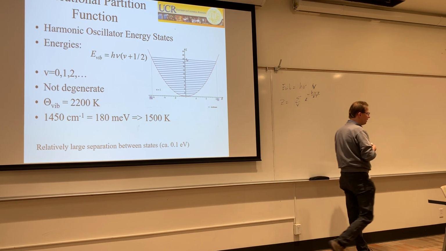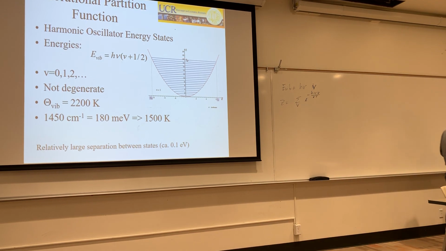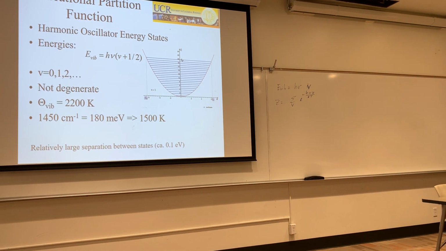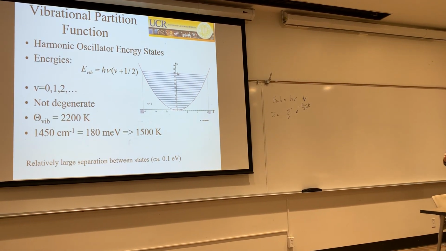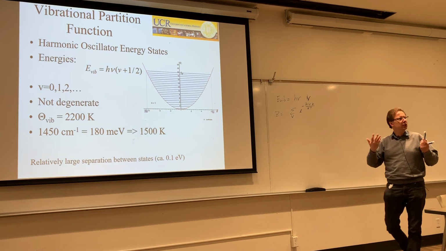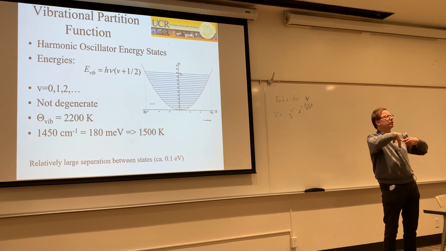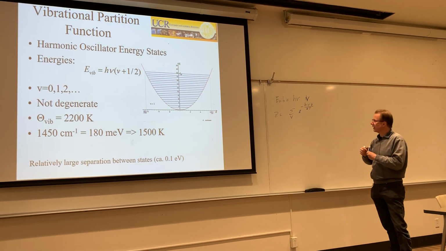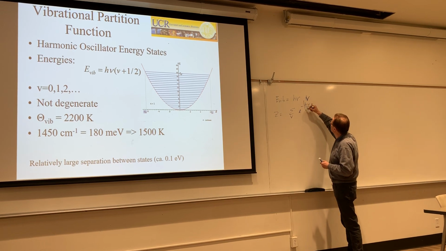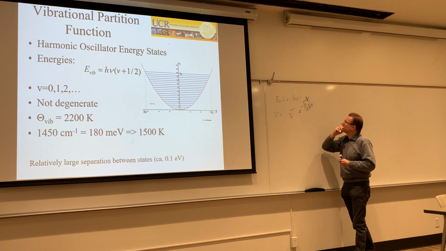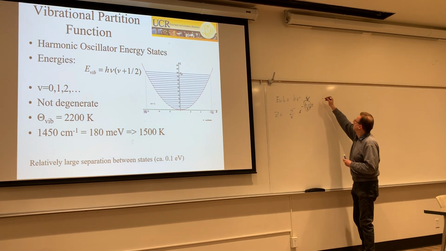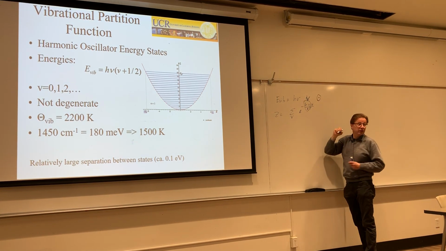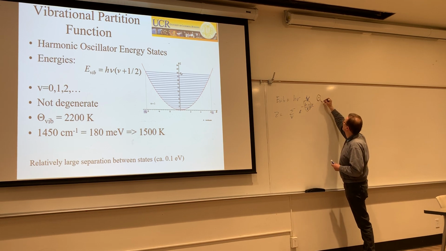First of all, I can define myself a characteristic temperature of the vibration. I always like to define myself a characteristic temperature, something which has a unit of temperature and which is indicative in which temperature scale am I really looking at. And so this one here, that would be my characteristic temperature. And I call it theta, capital theta, and it is for vibration.